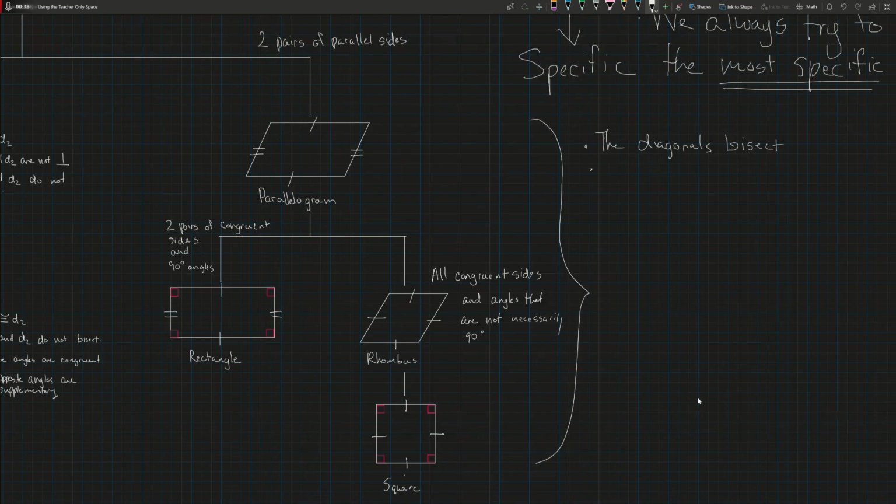The second one is that opposite angles are congruent. And finally, that consecutive angles, so angles that are one right after the other, are supplementary.